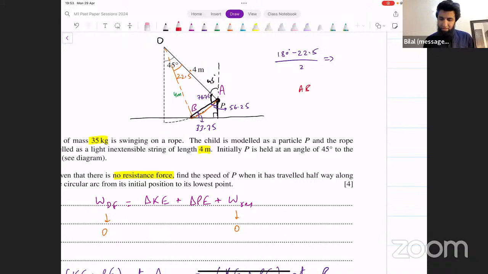AB over sine of 22.5 degrees equals 4 over sine of 78.75 degrees. Let's see what the length of AB turns out to be. 4 into sine of 22.5 divided by sine of 78.75. This is giving me 1.5607 for AB.